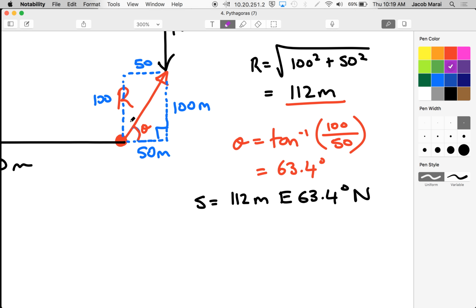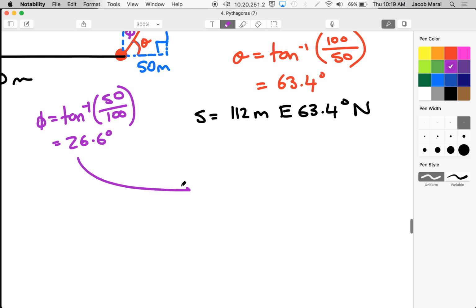And then, if we tried to find this angle here, maybe call it phi, we could say phi equals the arctan of 50 over 100. And if we flip the side lengths, we actually get the complement. So in your calculator, if you did the purple values, you would get 90 less 63.4, which is 26.6.